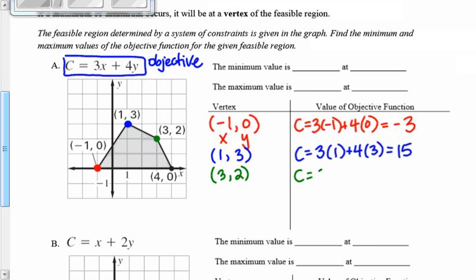So c equals 3 times 3 plus 4 times 2. So that would be 9 plus 8, which is 17. And then our last vertex is 4, 0. So I'm going to plug that in.